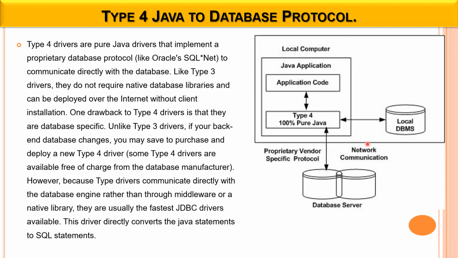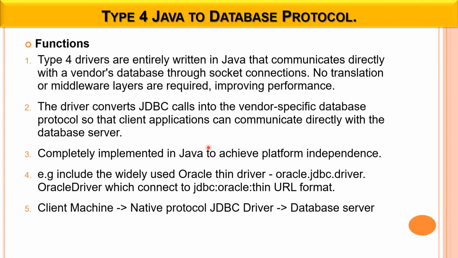The figure shows a local machine, and the local machine contains the Java application at the client side, and type 4, that is the 100% pure Java protocol JDBC driver, is used with the local DBMS, and it is connected with the database server. What are the functions of this type 4?